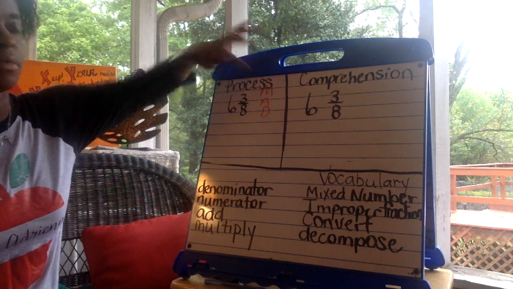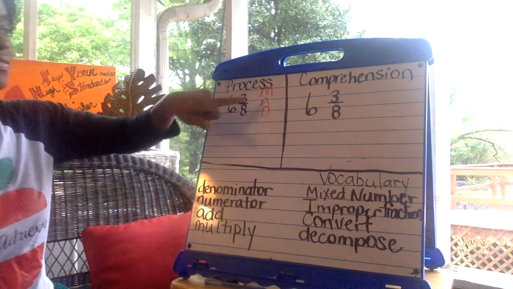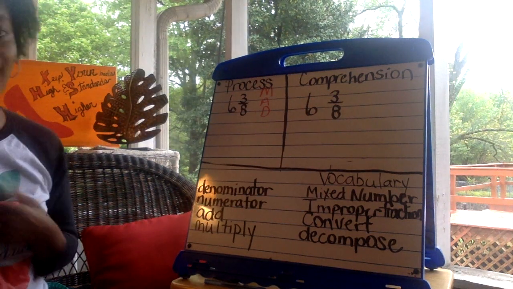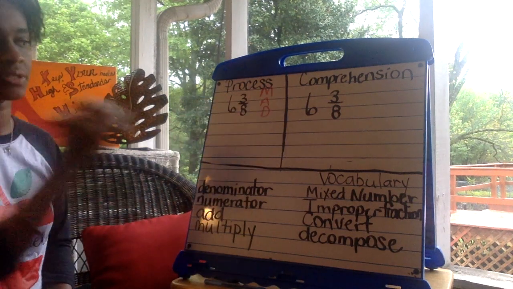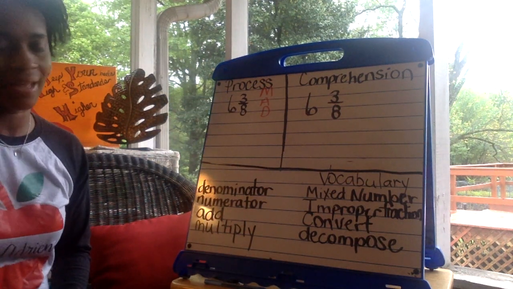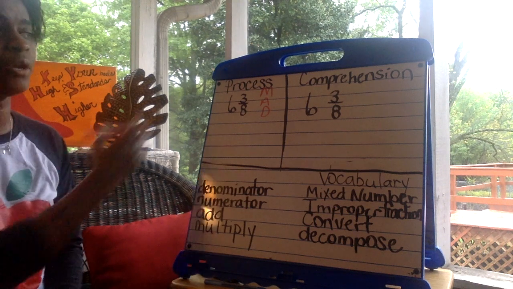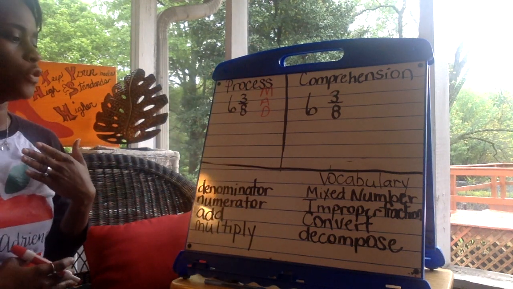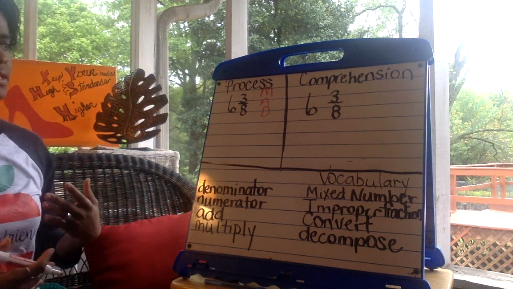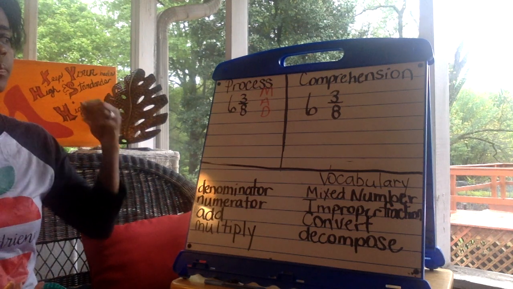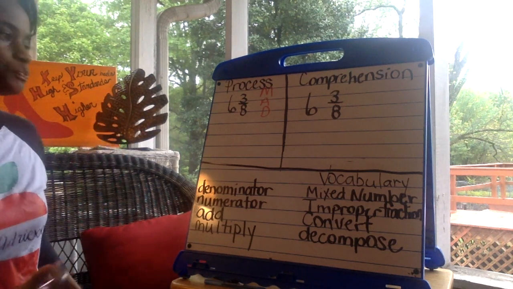Now, the M is going to stand for multiply, the A is going to stand for add, and the D is going to stand for denominator by keeping your denominator. So here in the process, the only thing that you will need to do is keep sequence of events.